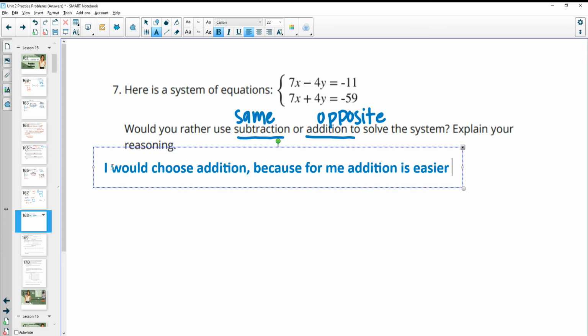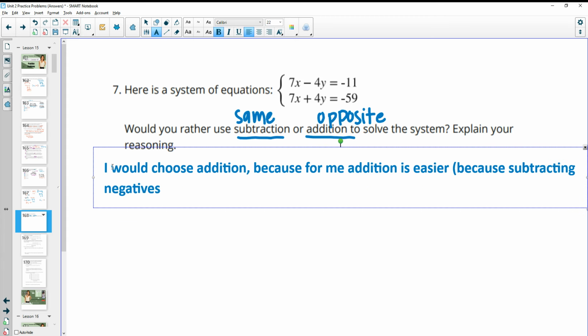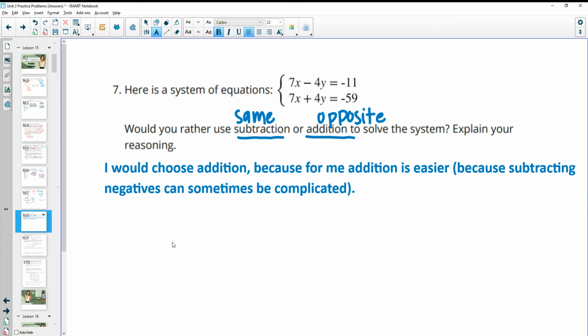And that's because subtracting negatives can sometimes be complicated, or cause issues. So when you minus a minus, it turns to a plus. So for me personally, and you can have a different answer, I would just choose addition so I didn't have to deal with the subtracting negatives.